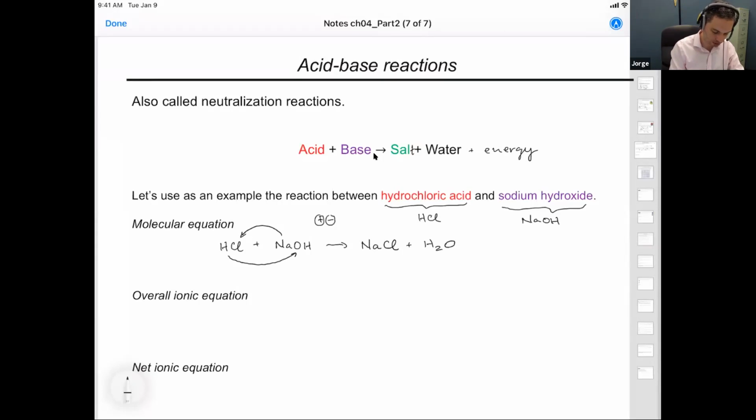That's why it's sodium followed by chloride and not the other way around. Acid-base reactions are basically a double displacement type of reaction, and we are always going to form salt and water. Sodium combining with chloride and hydrogen combining with hydroxyl. And that's how you write the molecular equation.